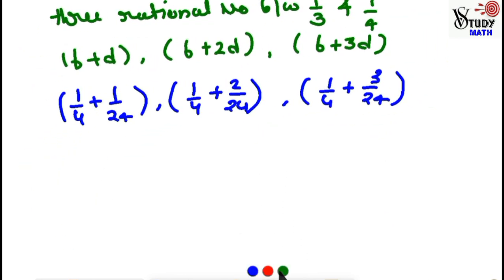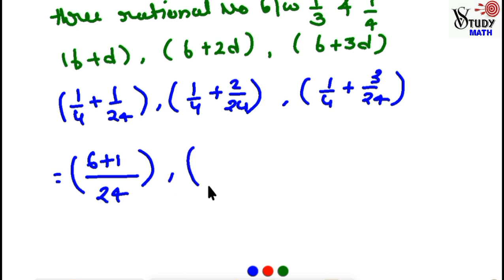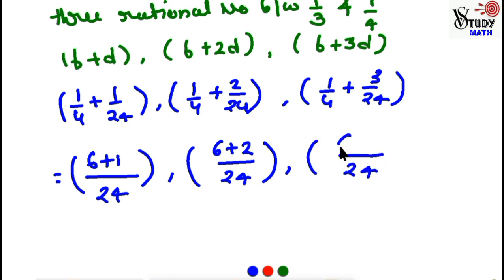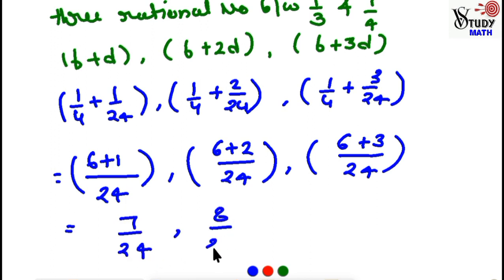It is a mathematical operation we have to apply here. The LCM will be 24: 4 times 6 plus 1. Now in the second bracket again 24 is the LCM: 6 plus 2. In the third bracket 24 is the LCM: 6 plus 3. So what do we have now? We have 7/24, we have 8/24 and we have 9/24.